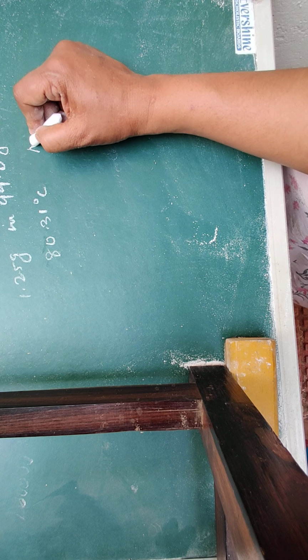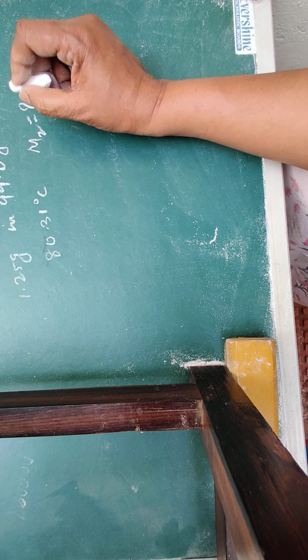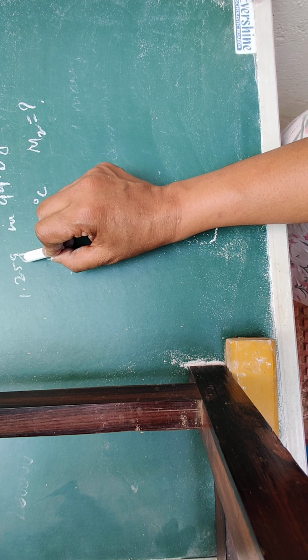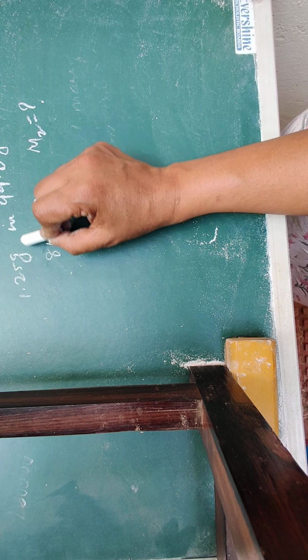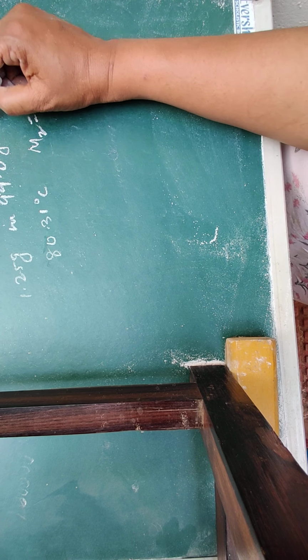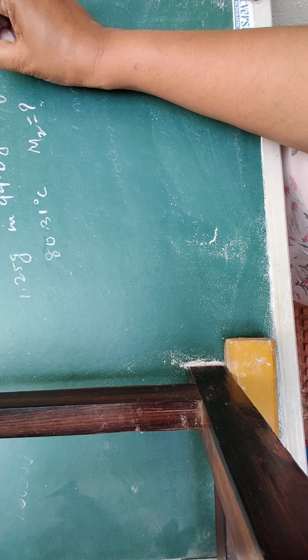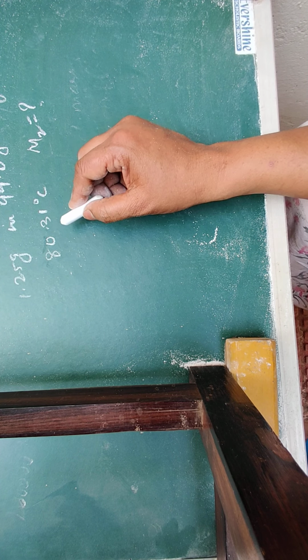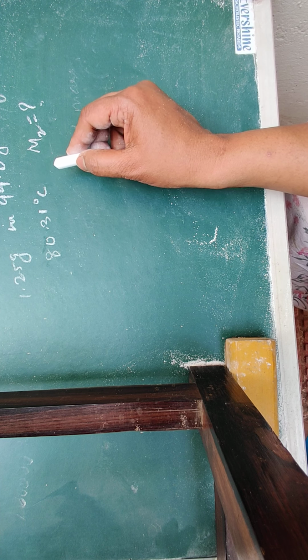Calculate the molar mass M2. So let me read again the numerical. A solution prepared by dissolving 1.25 gram of methyl salicylate in 99 gram of benzene and has a boiling point of 80.31 degrees Celsius. Calculate the molar mass.